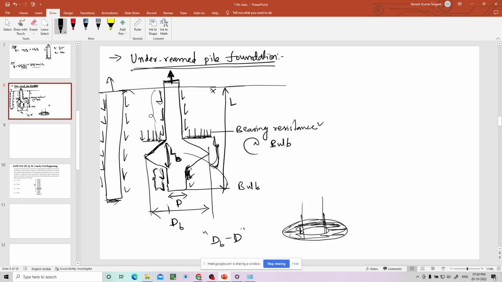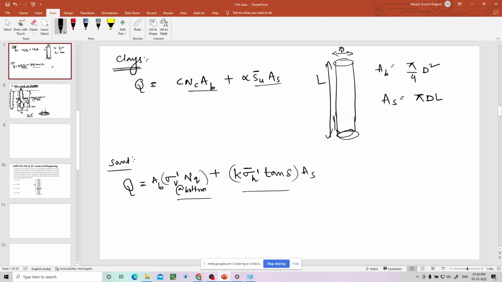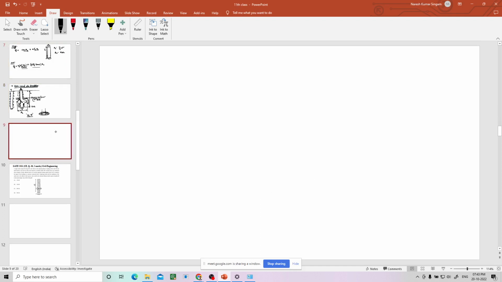That portion's diameter is dB minus D. Now, having the knowledge of this, we can find out the formula for tensile capacity of underreamed pile.